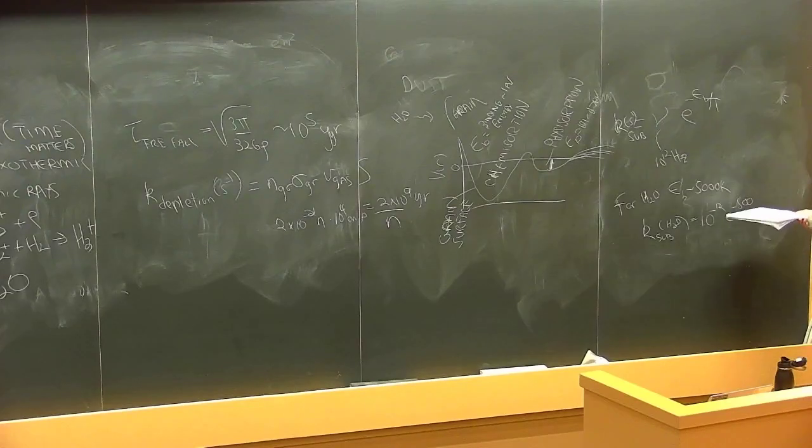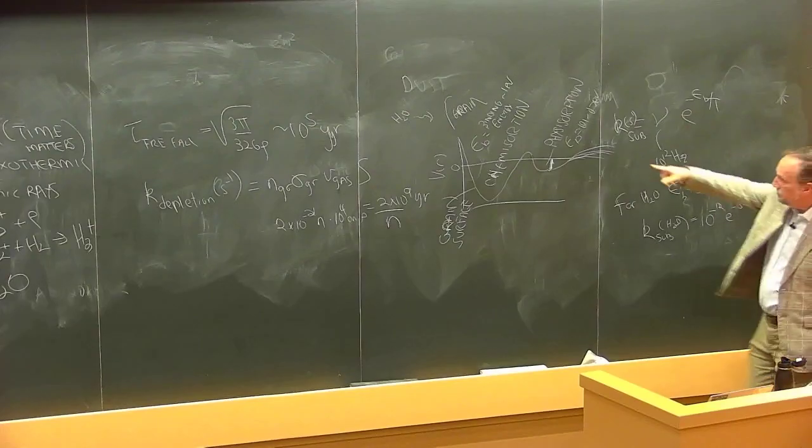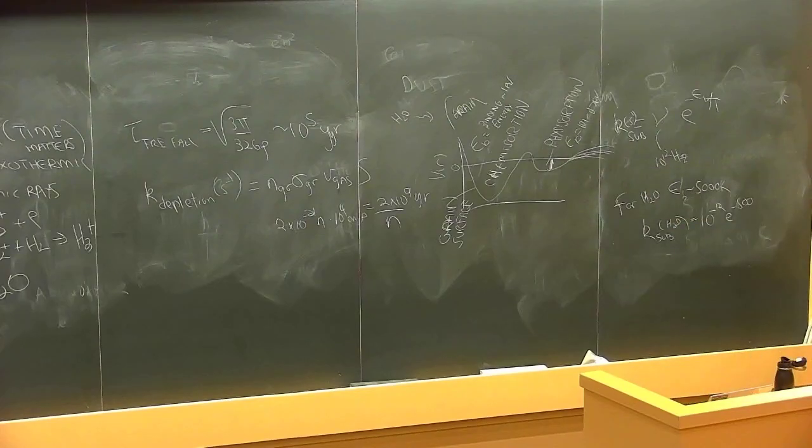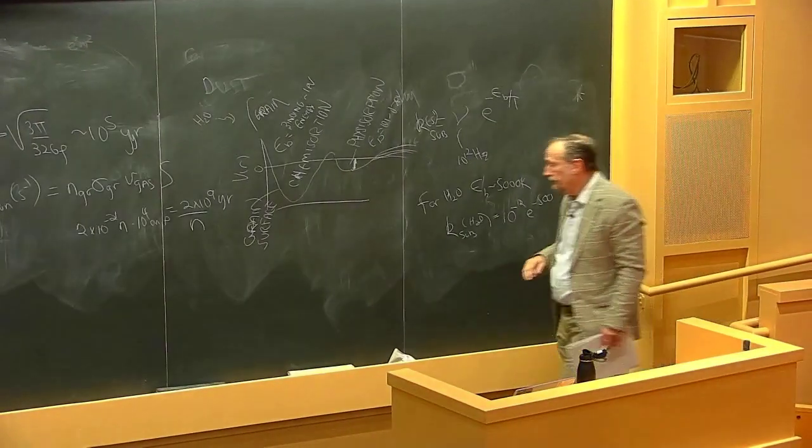So that water molecule ain't coming off. And the binding energy of CO, which is less polar than water, is of order 1,000 Kelvin, and at 10 K, even CO is not going to come off. So we're making ices.